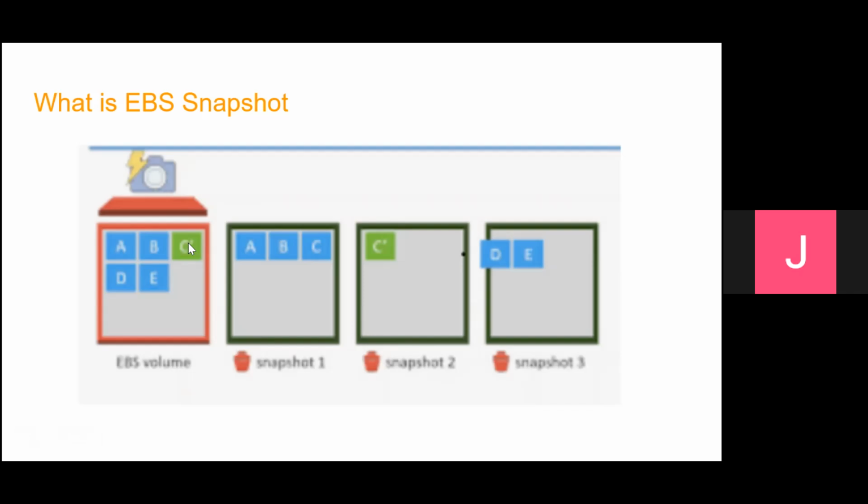This time, out of A, B, C, only the one which got changed is kept in snapshot 2. Now the person went ahead and made some more updates, and now there are another two blocks, D and E. You went ahead and took the snapshot, so the third snapshot would have only D and E. So what we say in EBS is the snapshots which we take are incremental in nature.